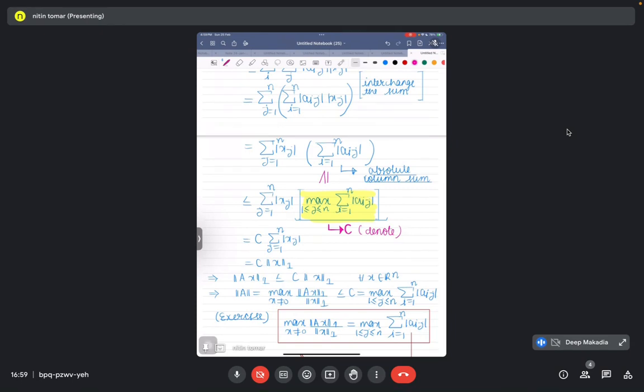For each column, it should happen. Now, I'm taking the maximum over each column, right? Yes, that is written over there: the sum j going from 1 to n of mod x_j. And now this maximum is independent of j, right? So we can denote it by some fixed number c, and this c can come out because it is independent of j now. The sum is running over j.